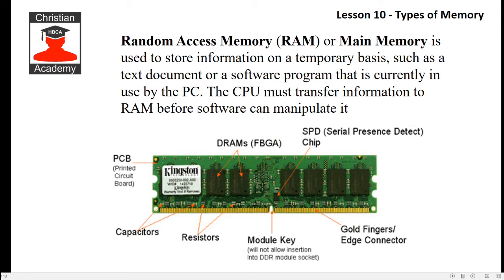Here we've got random access memory, which is the computer's main memory. And I've showed you this before. I'll just grab a few chips here so that I have them here. And you can see there, you don't need to know this for Computer Essentials, but it tells you that there's capacitors, there's resistors, there's a module key in the middle, where the purpose of this is actually that you can't put DDR2 in a DDR1 or DDR3 board.